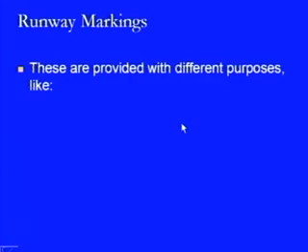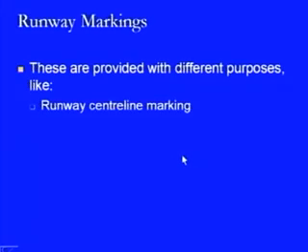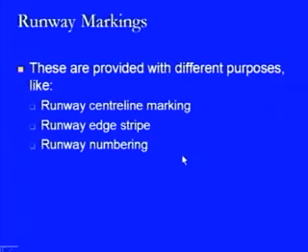These are provided for different purposes: they have to be provided for the center line, for the edge of the runway strips, and there is a numbering for each and every runway strip, which we have seen in some of the previous figures discussed during earlier lectures, where numbers were shown like 27, 9 and so on.